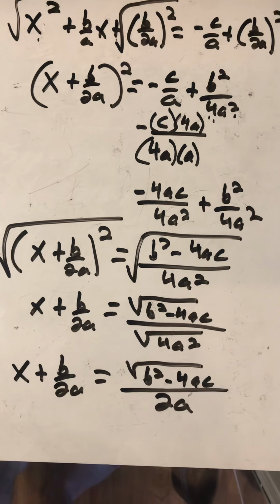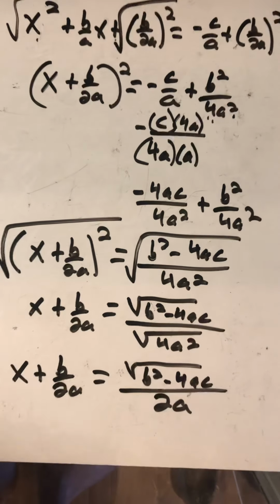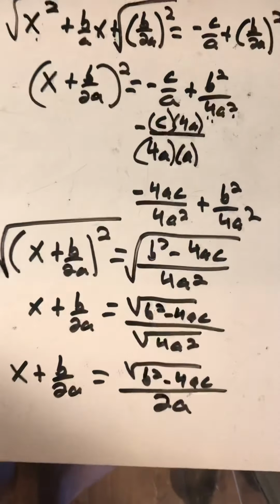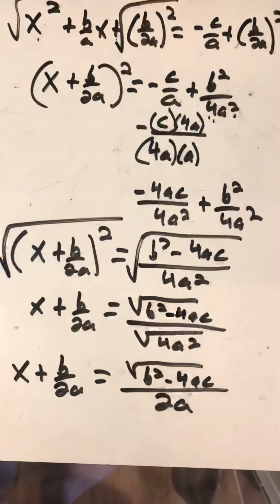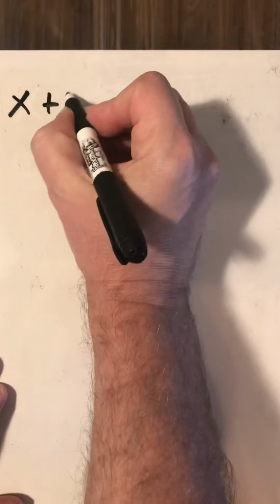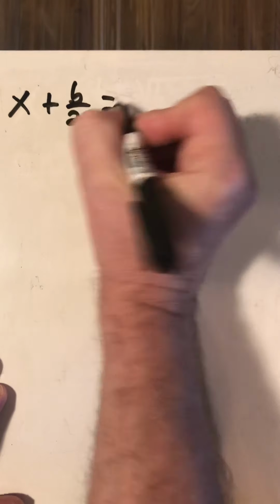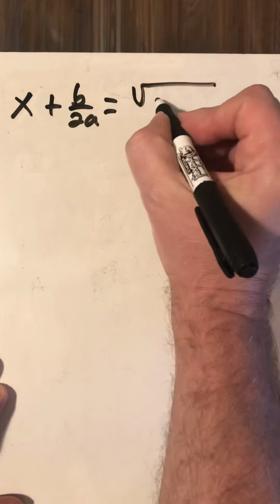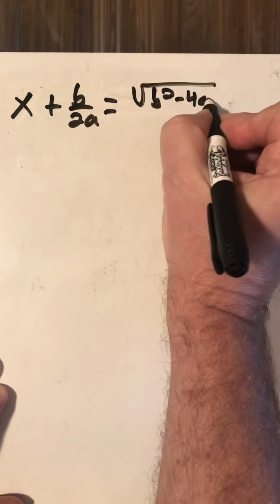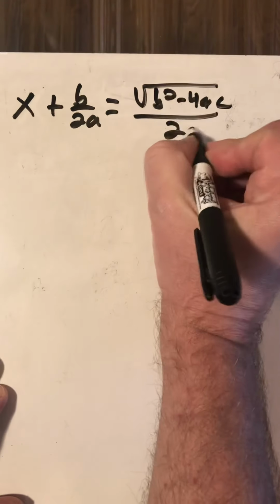All right, guys? So we're getting much, much closer. We're almost there. So we're going to go ahead and look at another slide. I'm going to just rewrite what I came up with there. x plus b over 2a equals the square root of b squared minus 4ac over 2a.